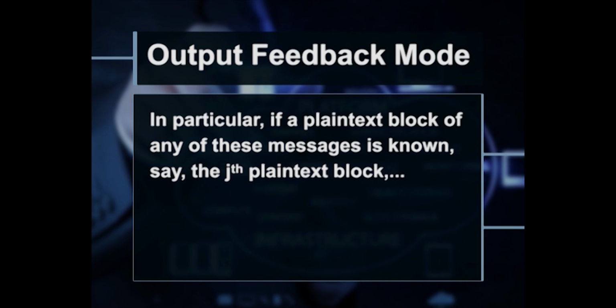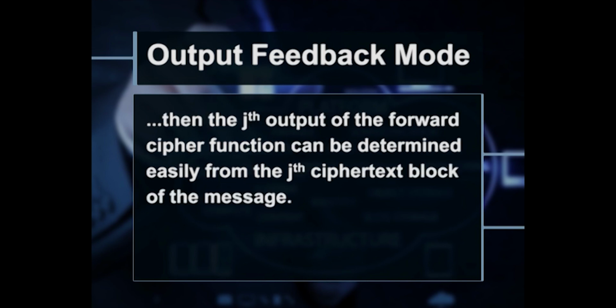In particular, if a plaintext block of any of these messages is known, say the jth plaintext block, then the jth output of the forward cipher function can be determined easily from the jth ciphertext block of the message.